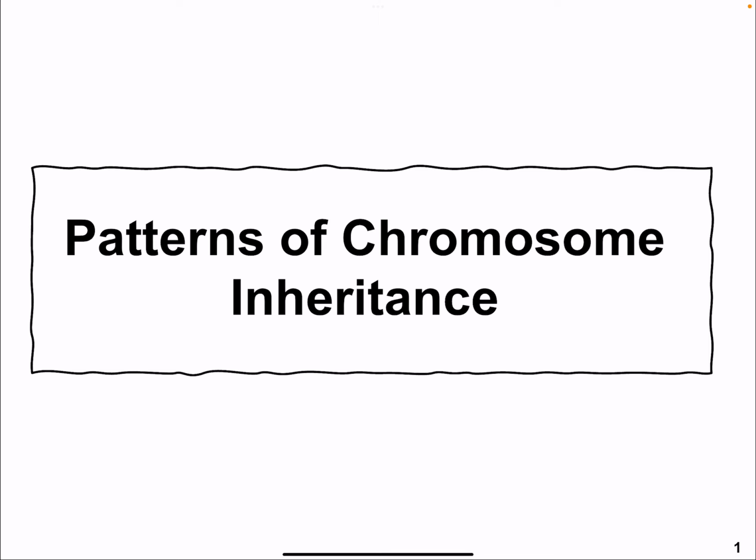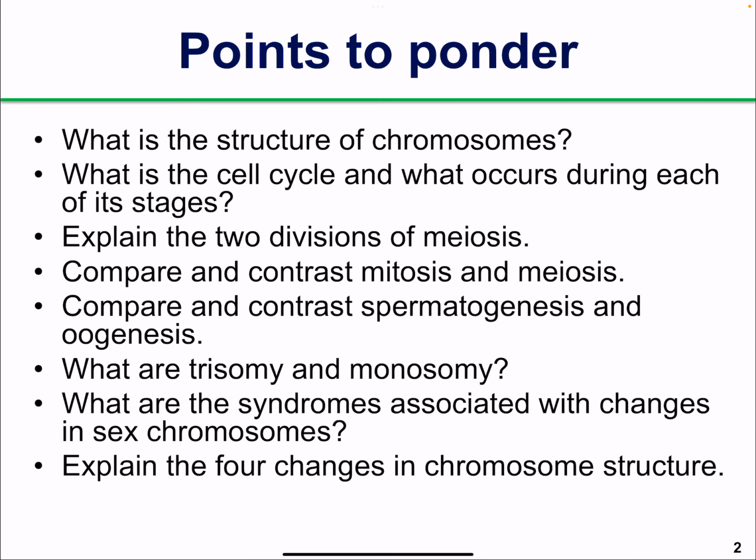Hello, everyone. In this chapter, we are going to address the pattern of chromosome inheritance. As we address this chapter, I want you to focus on a few things. One, what is the structure of chromosomes?